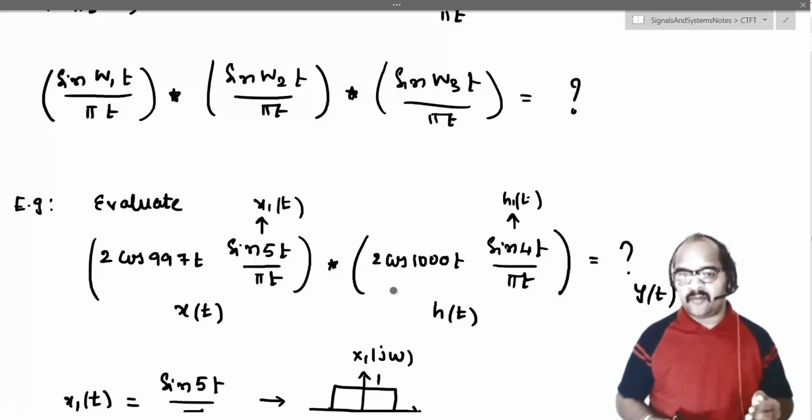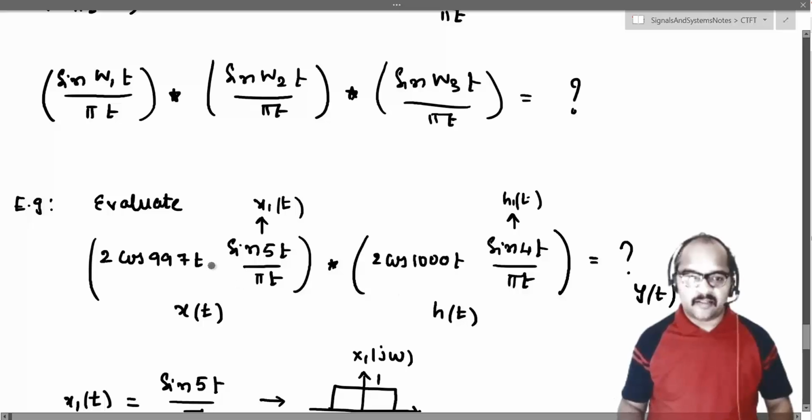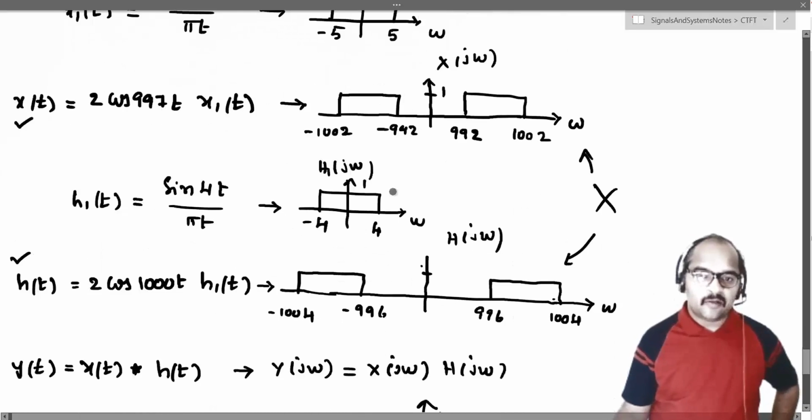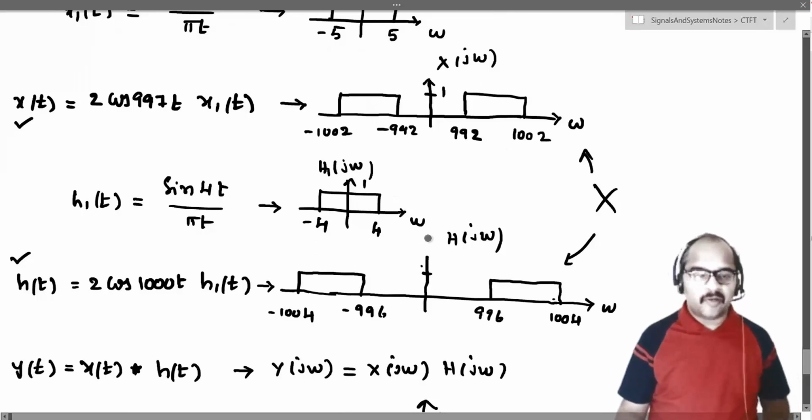But we are a little bit smart, and hence we will take the help of the Fourier transform, where convolution in the time domain corresponds to multiplication in the frequency domain. So the convolution of these two signals boils down to just multiplication of the corresponding Fourier transforms. You should be a little bit careful in evaluating the multiplication.